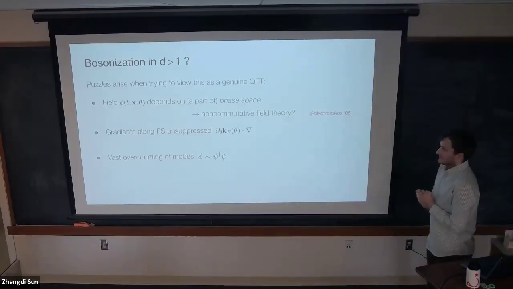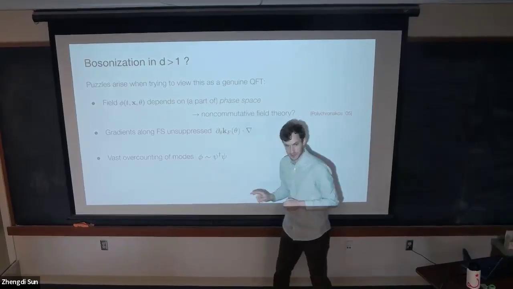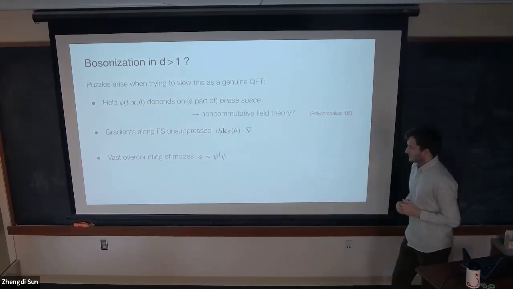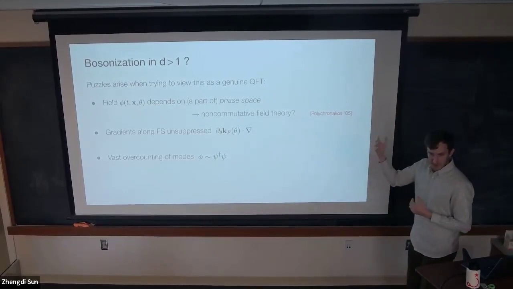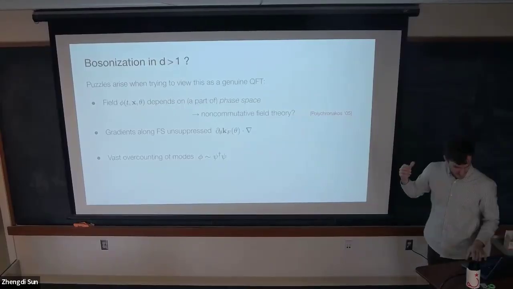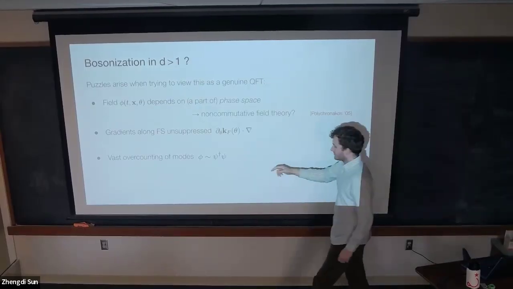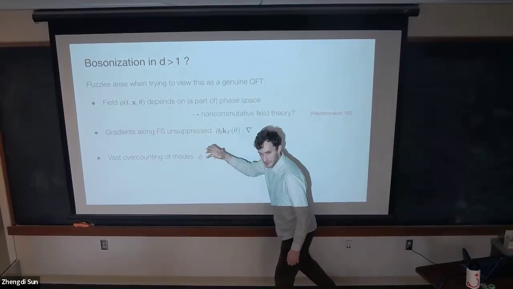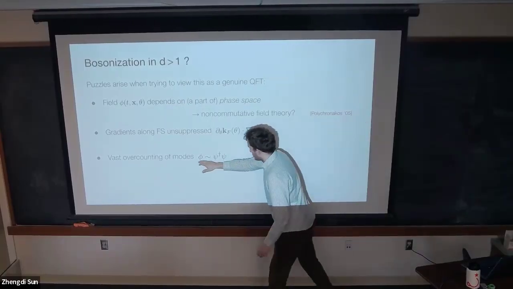And finally, and all these points are kind of related, as we'll see, there naively seems to be a huge overcounting of modes if you view phi as the fundamental, if you view these particle-hole pairs as the fundamental degrees of freedom. Because the kind of hope in bosonization is of course that this bosonized description is weakly coupled, otherwise it wouldn't be extremely useful. But if we viewed every phi as a kind of weakly coupled harmonic oscillator, that would be a huge overcounting, right?